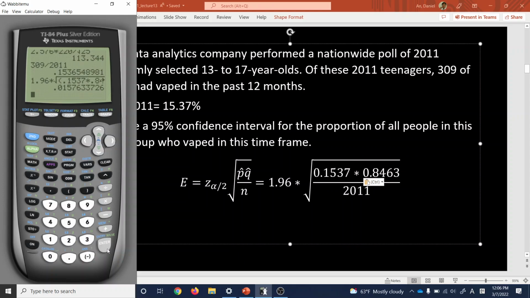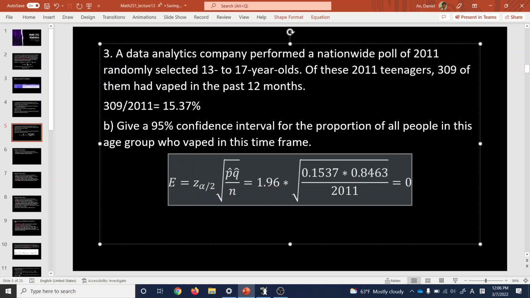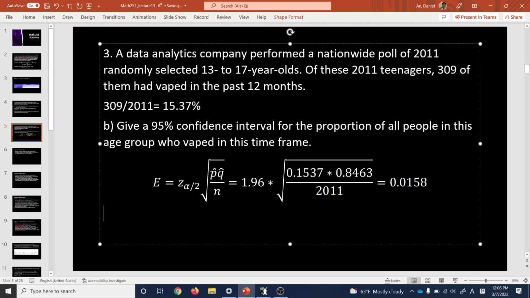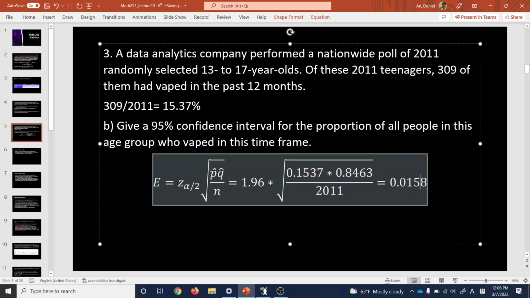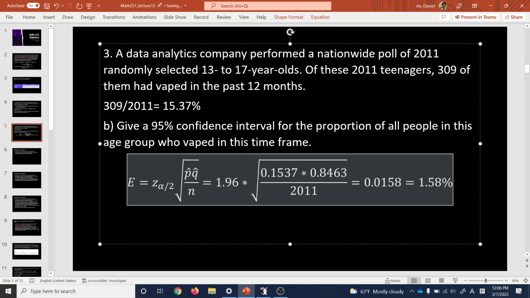And you get 0.0158. All right, so that's your margin of error, which is like 1.58%.